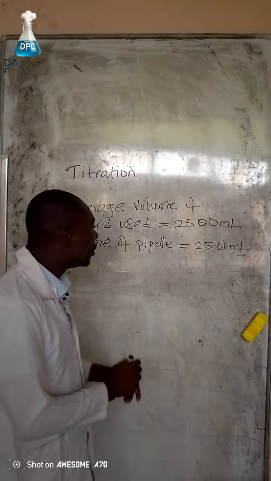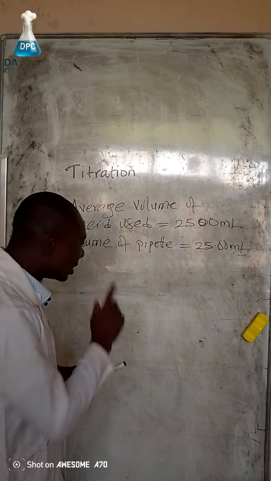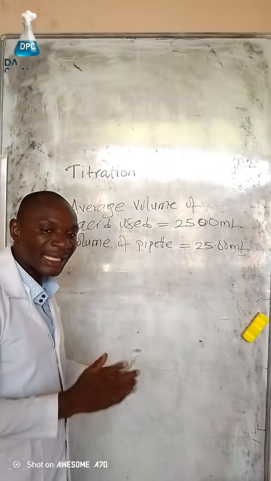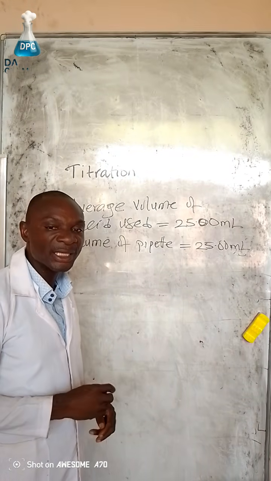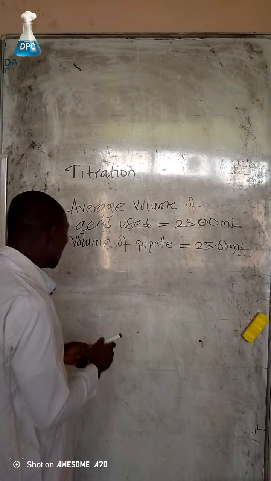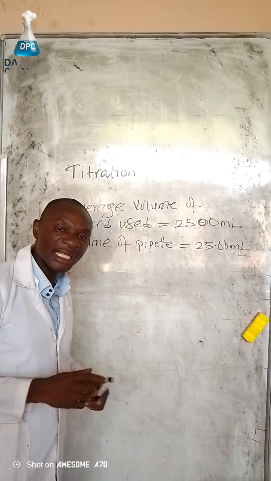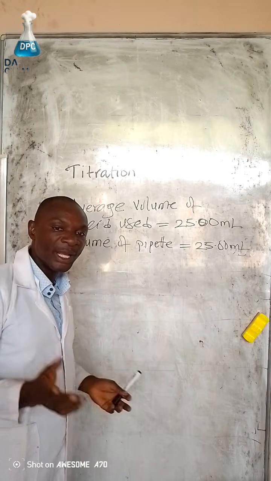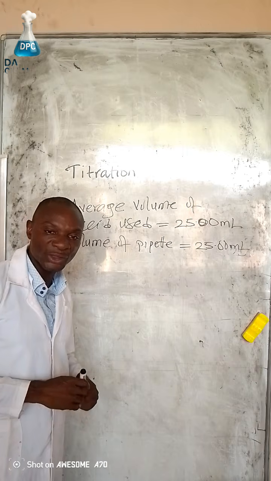Now, assuming you are given a titration and the concentration of the acid is given to you, is known, and the concentration of the base is unknown. Let me take for instance the acid to be H2SO4 and the base to be NaOH, sodium hydroxide.